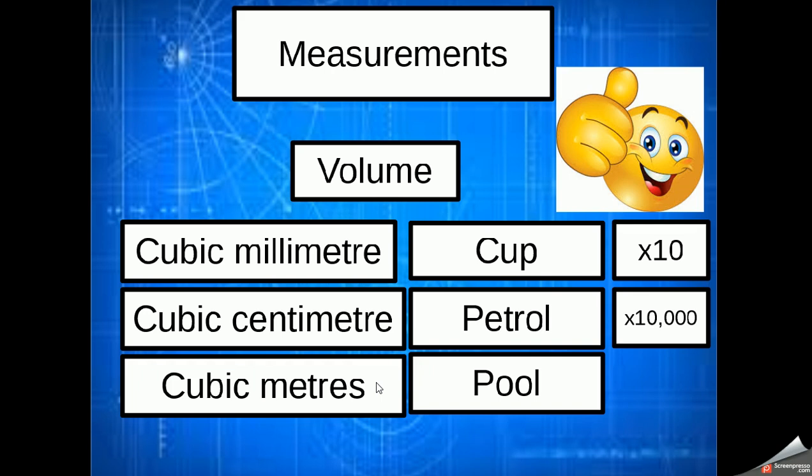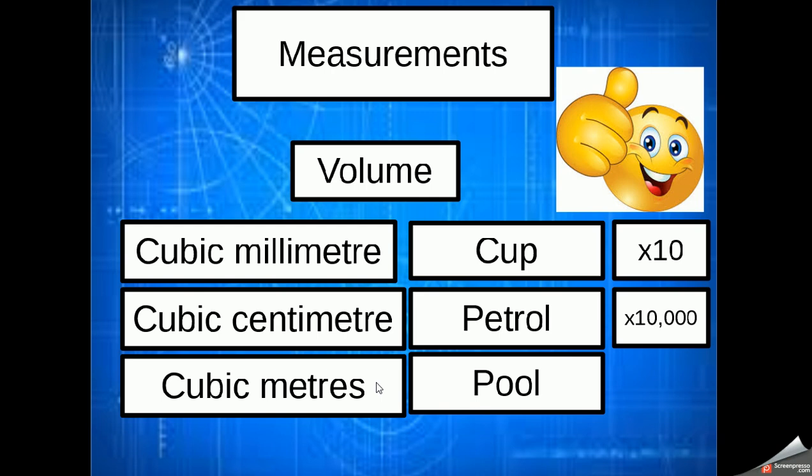When I take it up another stage, I'm going to go from cubic centimeters to cubic meters. And again, the measurement is wrong on the side. I do apologize. Because there are 100 centimeters to a meter, it should be 100 by 100 by 100. And 100 times 100 times 100 is 1,000,000.